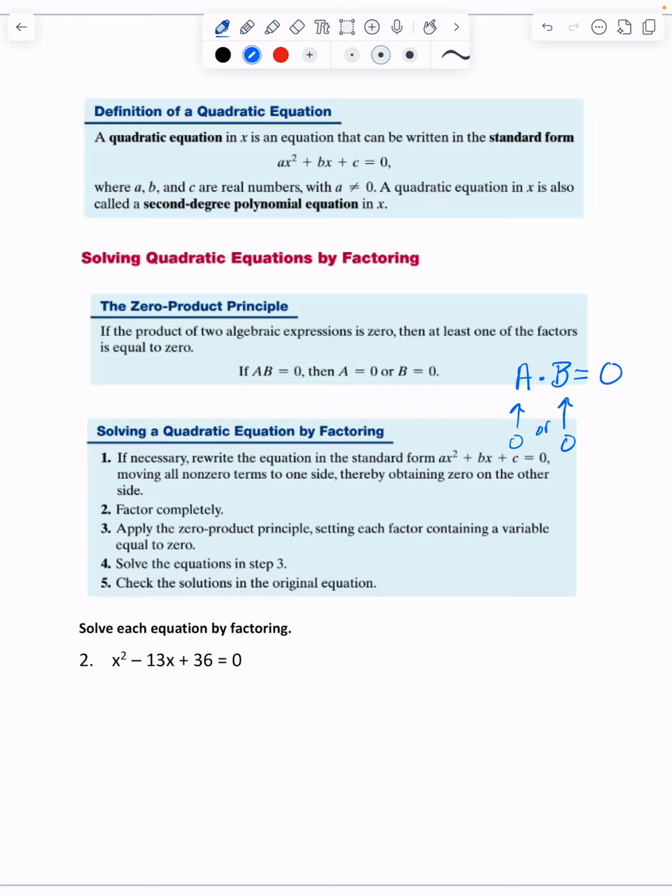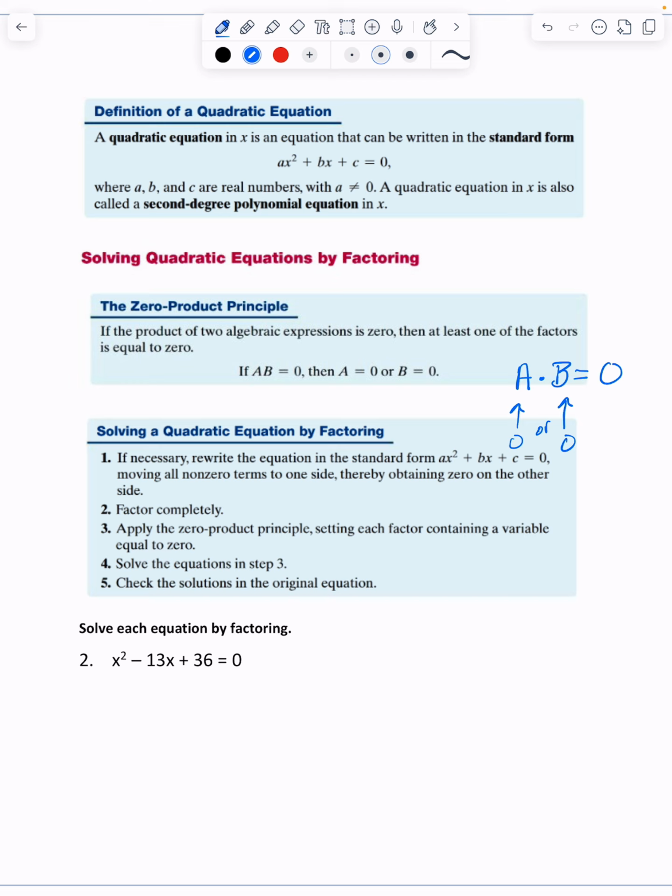Let's look at some examples. Number 2 says solve the equation by factoring. So we're going to go through our factoring rules. This is a problem that does not have a greatest common factor. It is a trinomial, and it's an easy trinomial because there's no number in front of the x squared.